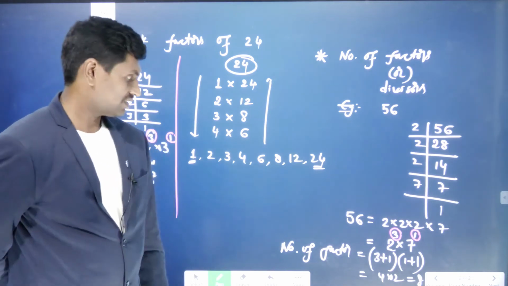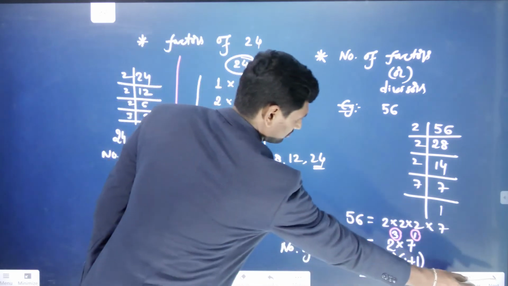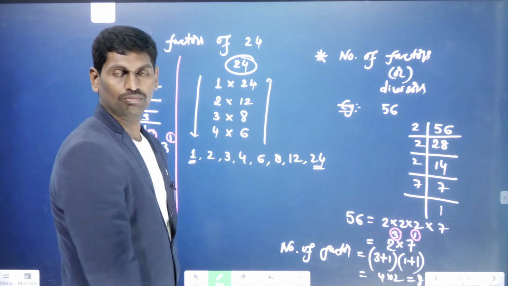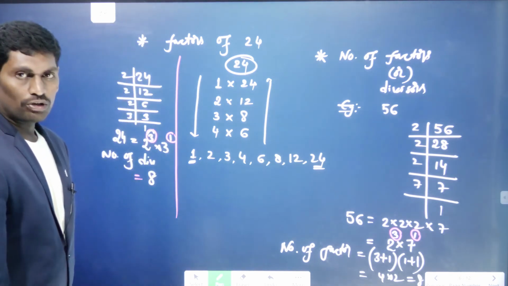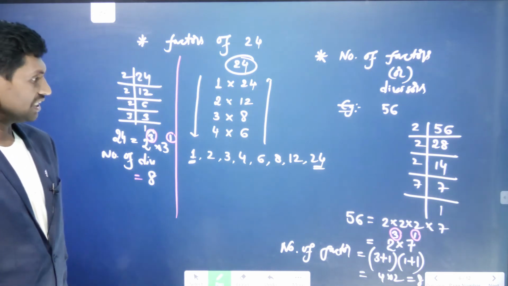Please note this. I will give this number of factors as a formula, you can write that formula also. So first you take a screenshot, then I'll give the formula for that.